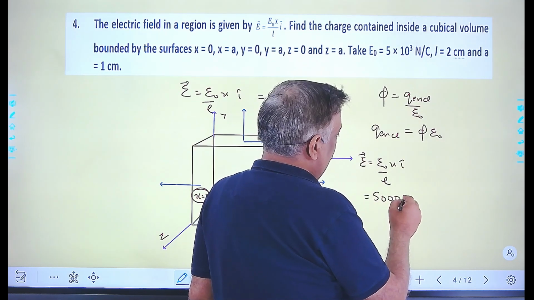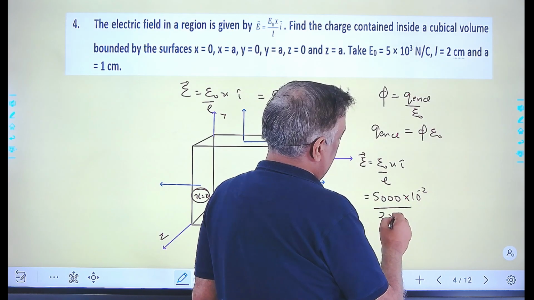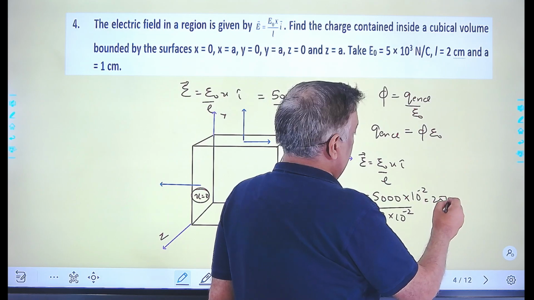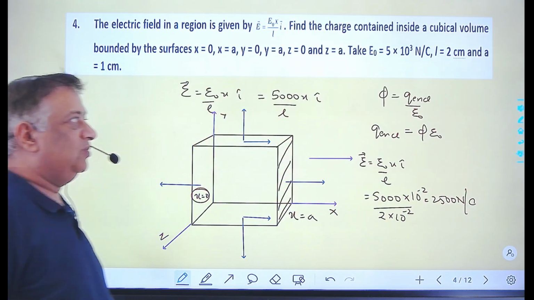So 5000 times a by L, and the electric field comes out as 2500 Newton per coulomb.